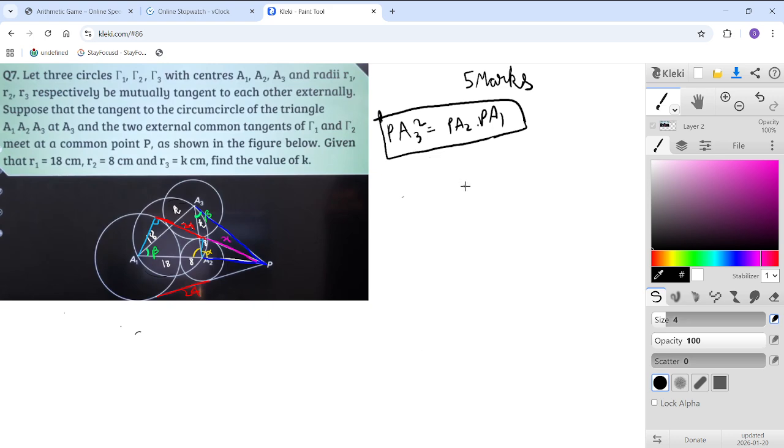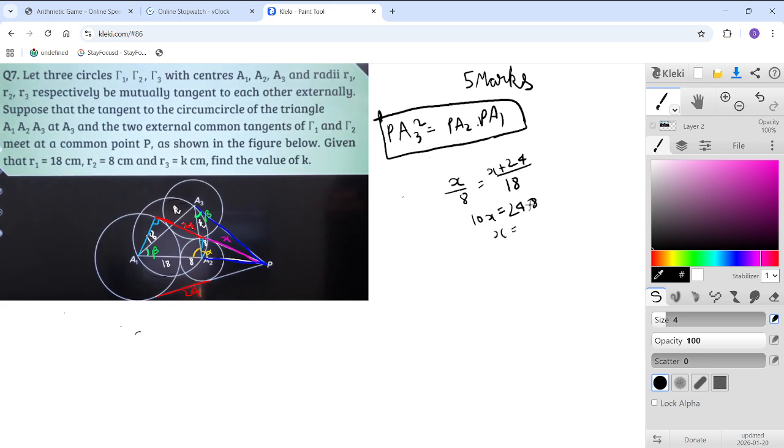So we can say that X by 8 is equal to X plus 24 by 18, right? So you can find 18x, 8x, so 10x is equal to 24 times 8.